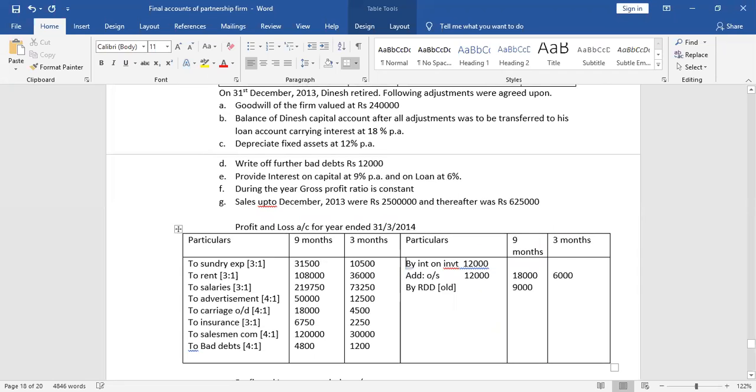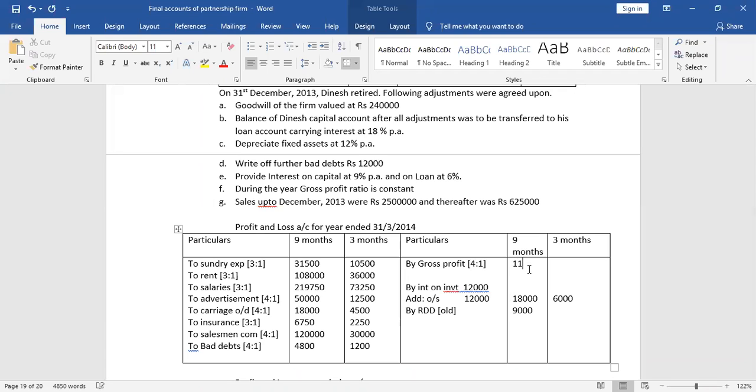So here we will write by gross profit. Which ratio? Gross profit is always related to sales. So उसको हमेशा sales ratio में divide करते हैं.